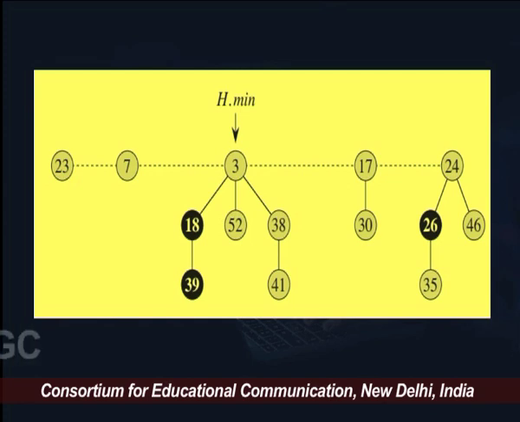So the minimum element of the whole heap is definitely on the root of one of the trees because of this min heap property. Among the 5 roots, the element with the minimum value has key 3, so the H min pointer is pointing towards it.